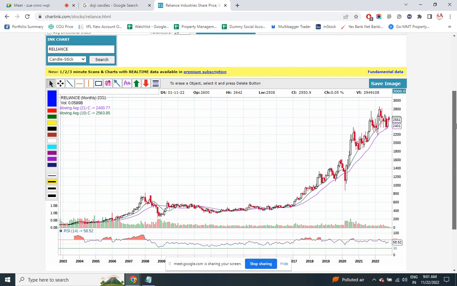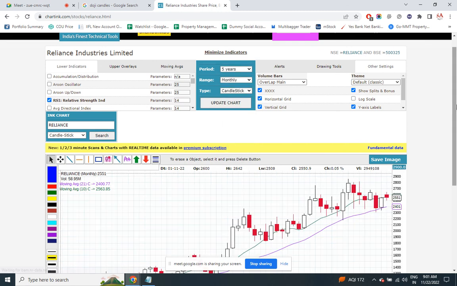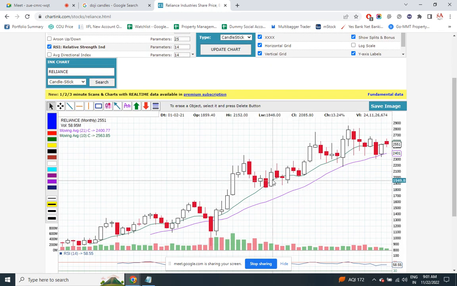See here, this is how the stock price has been moving over several years from 2003. Let me zoom this a bit by changing here to only 5 years. See here. So every candle is 1 month movement.